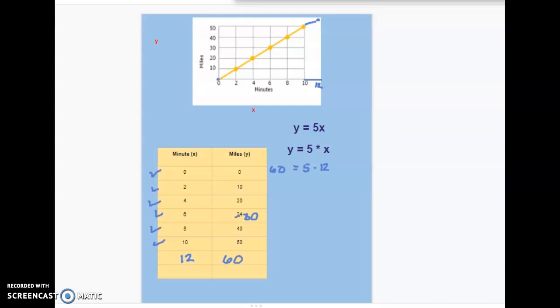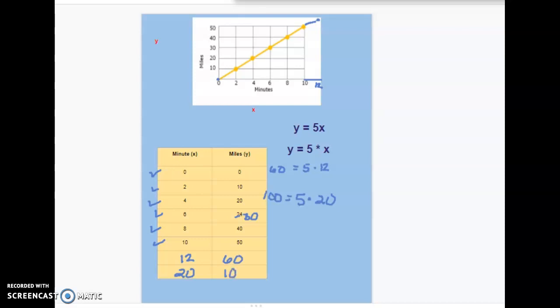Let's extend it even further. Let's say that I use 20. If I make my x 20, so I'm taking out the x and plugging in the 20. That's what variables do, right? We can replace the variable with what it means. 5 times 20 equals 100.